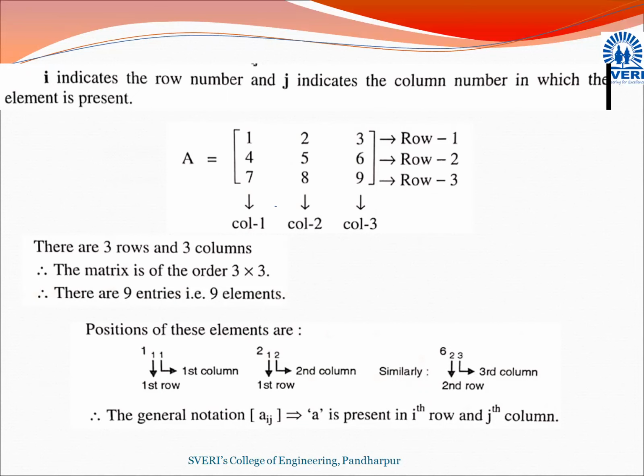So this matrix we can write as Aij, where A is a matrix with i rows and j columns. It is the general notation of matrices.